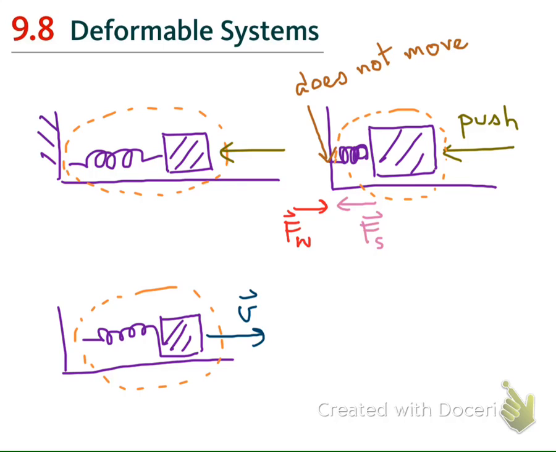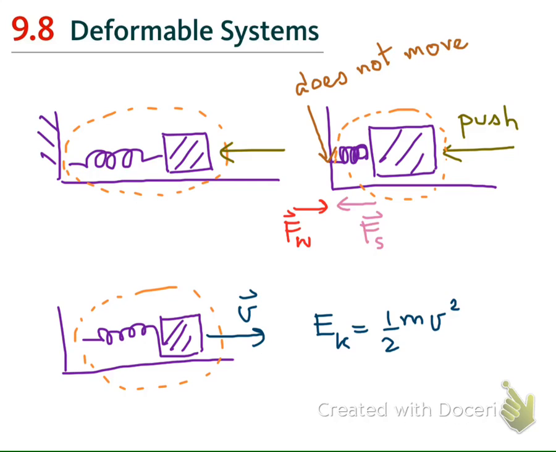It means that when we release it, the system will gain kinetic energy, which is equal to half of the mass of the system times v squared. So the system gains kinetic energy.